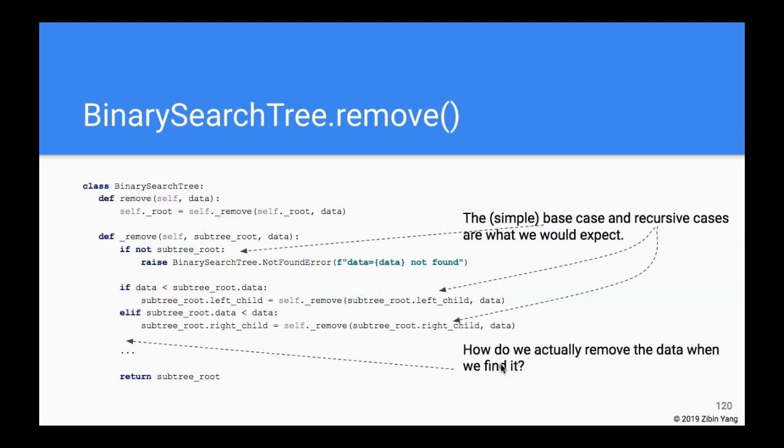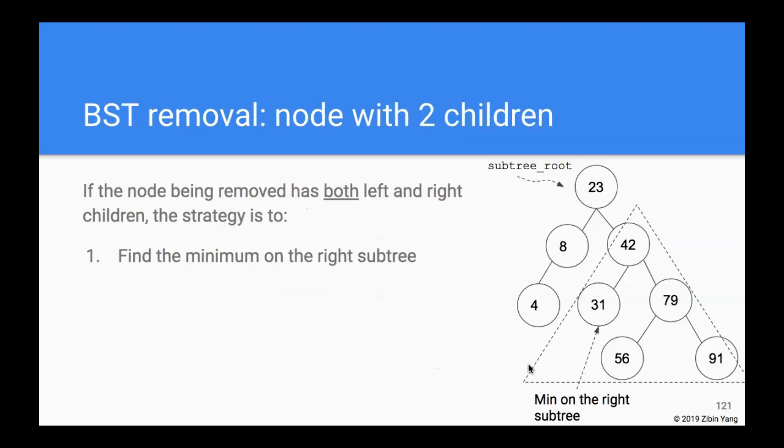So how do we actually remove the data when we find it? Let's look at a picture first. In this case, we're going to remove 23, and 23 is pointed to by the root node of the subtree. The thing to note about node 23 is it has both left and right children.